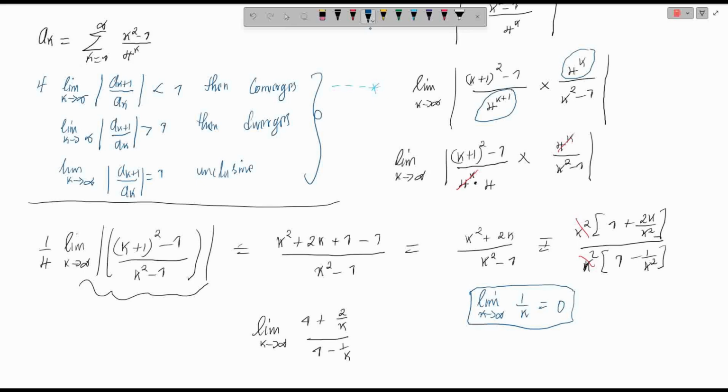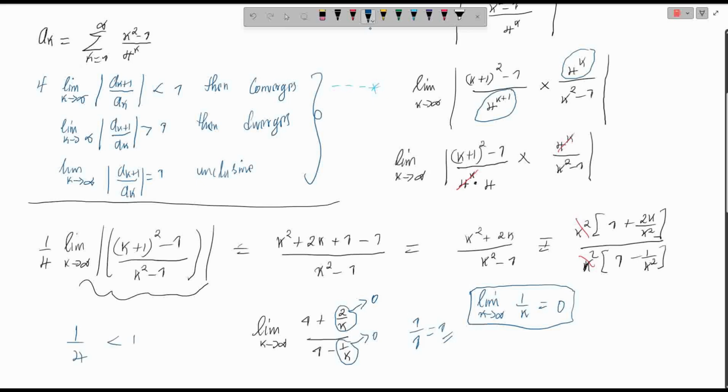This 2 can be 100 or 1000, any number, any constant. It can be c. But we know that a constant divided by infinity is 0. So this is going to give us 0, and this is going to give us 0. We'll be left with 1 divided by 1, which is 1. So all of these will be 1, and therefore our result will be 1 divided by 4.